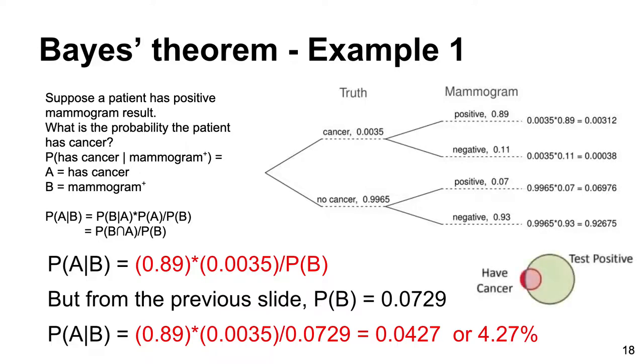So the test isn't that good a test, really. And so oftentimes, the regular practice of doctors, when a woman has a positive mammogram, is to conduct additional tests to confirm that result, because there's a lot of people who test positive who do not in fact have cancer. Those would be the false positives.